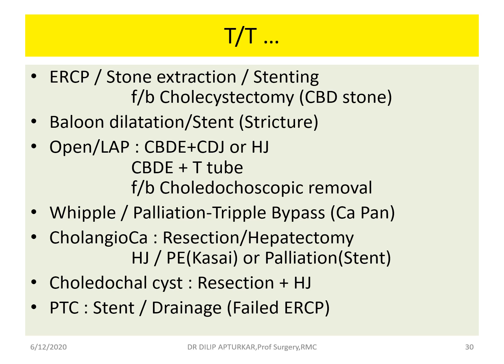Then if there is obstruction in the distal CBD, either due to cholangiocarcinoma or head of pancreas or periampullary carcinoma, we can go for radical surgery like Whipple's surgery with triple bypass, or just go for palliative bypass if the lesion is not operable.